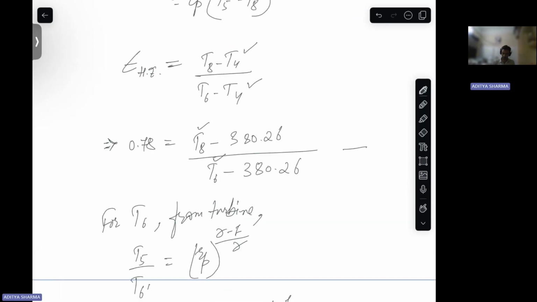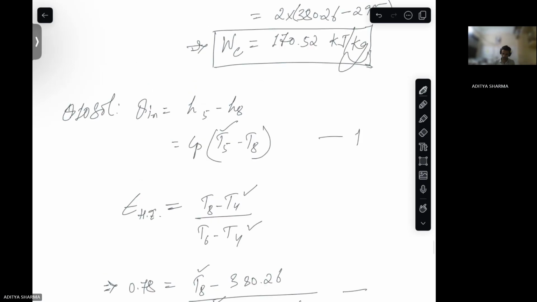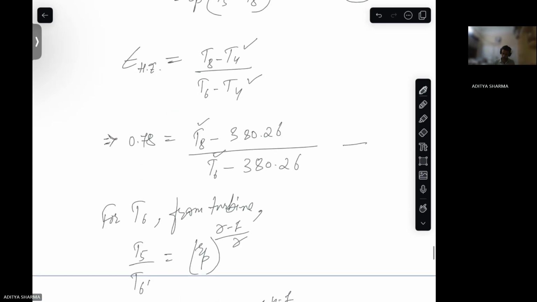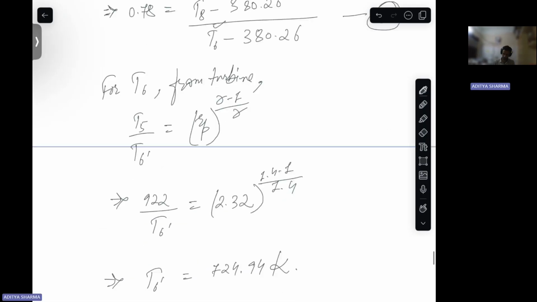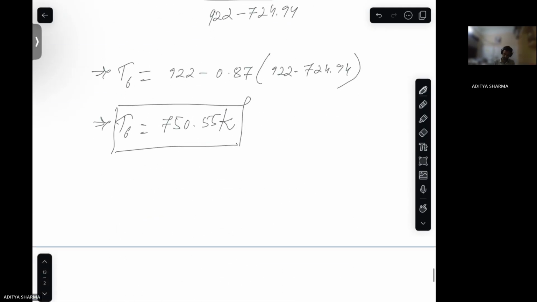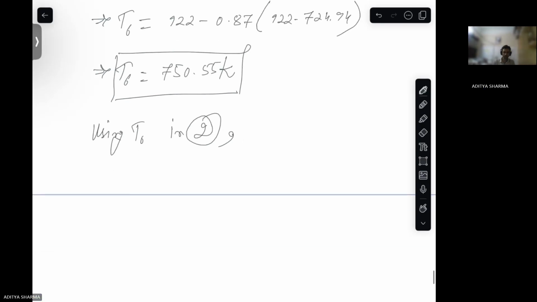So let's say this is 1, this is 2. Using T6, what do we get?